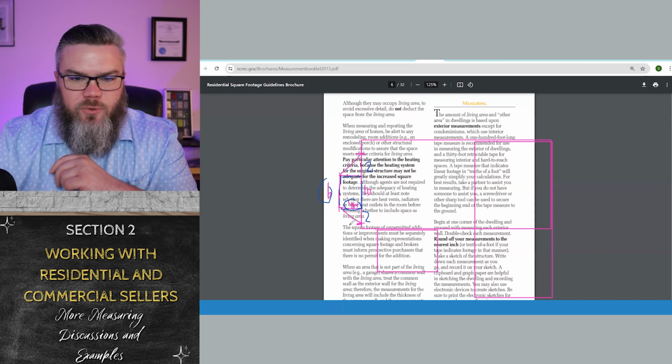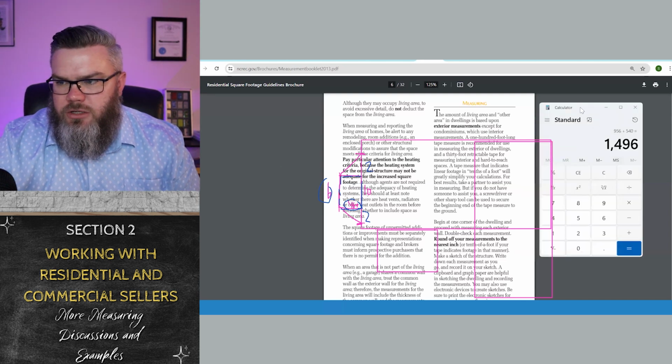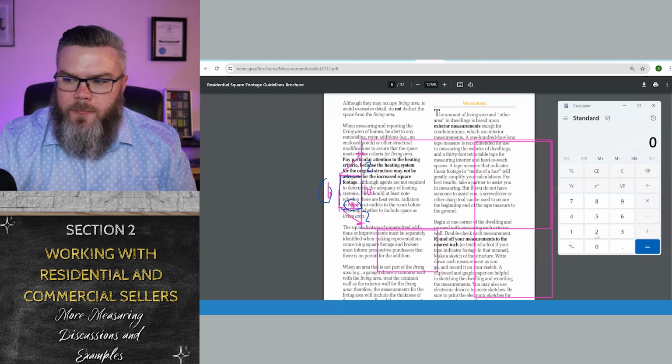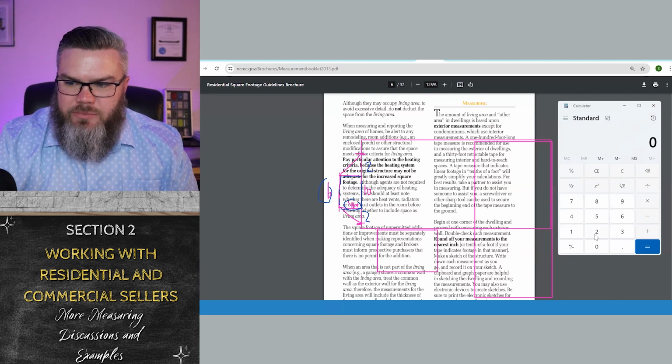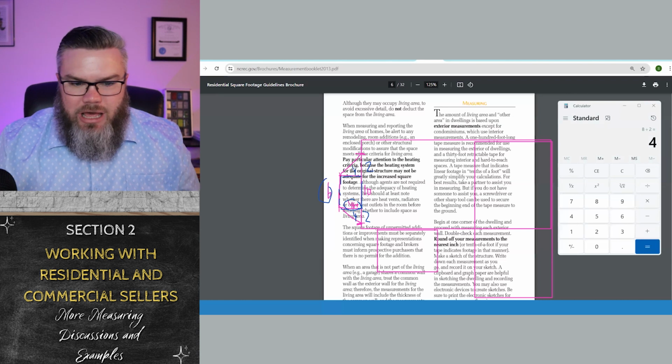So 2 times 4 is 8. And remember, a rectangle is length times width, and a triangle is 1/2 base times height. So if it's 2 times 4, and then you divide it by 2, each one of these is 4 square feet. That's how you would add in that bay window.